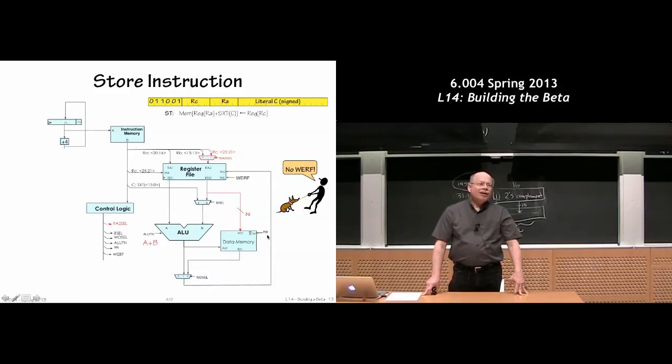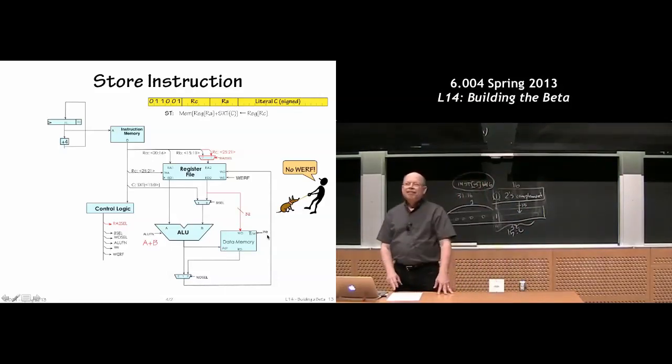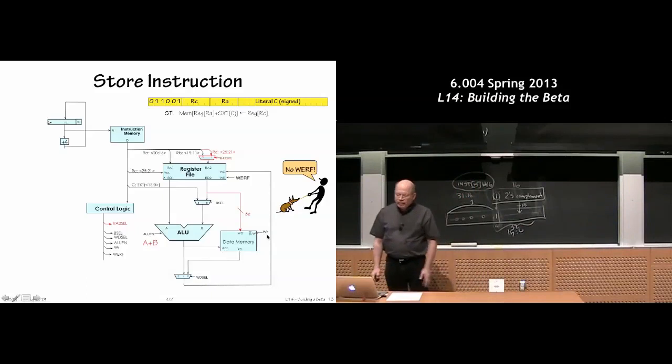But that doesn't mean that we couldn't design some new instructions where somehow we were writing both into main memory and into the register file, or something strange. It's a little hard to see how that would work. But there's nothing at the hardware level that would prevent them both from being 1. It just turns out that with our instruction set, they're never both 1 at the same time. Okay.